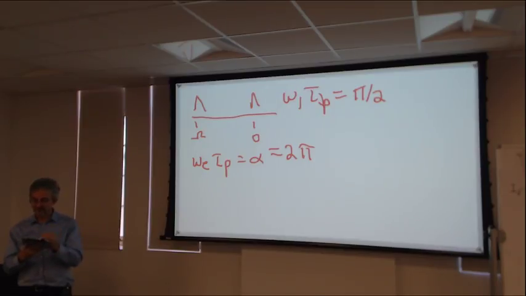So tau p is pi over 2 omega 1. I can get rid of the tau p here, substitute in. So omega e times pi over 2 omega 1 is equal to 2 pi.